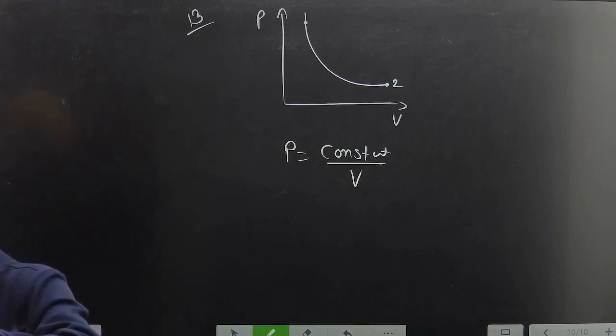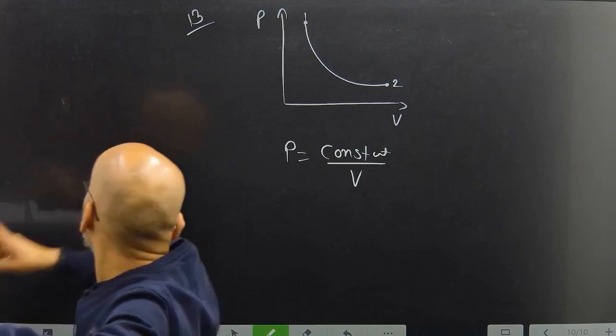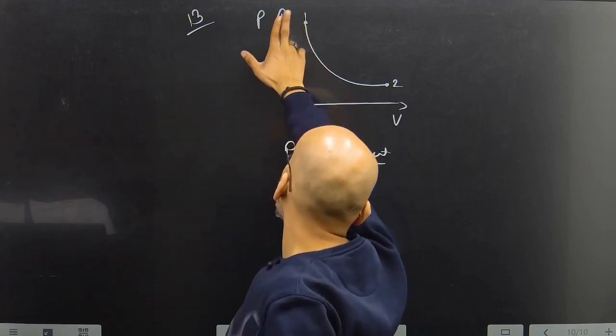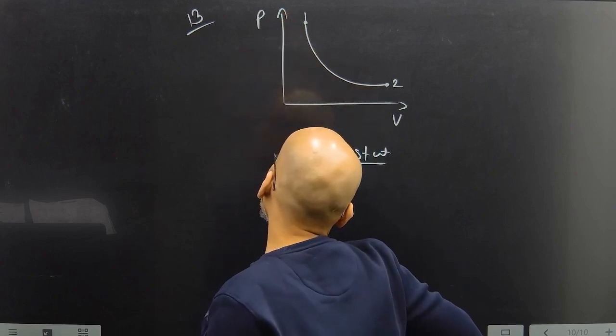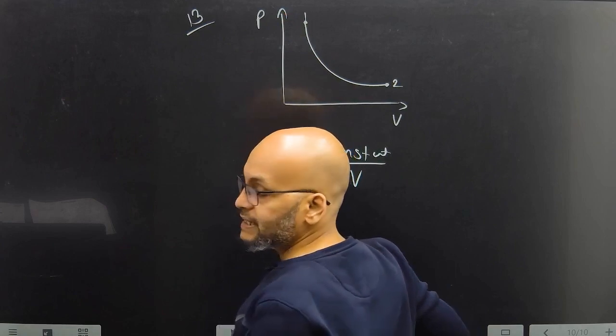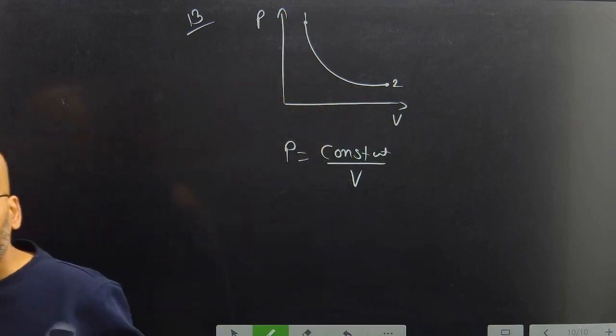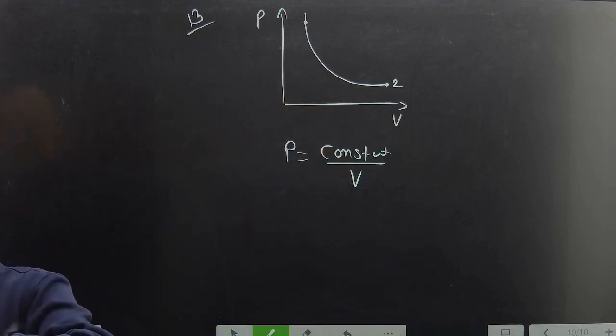So as we can see in the PV curve, this is P, this is V. What is happening when the body is moving from point 1 to 2? Its volume is increasing and pressure is decreasing. Okay guys? Volume is increasing and pressure is decreasing.